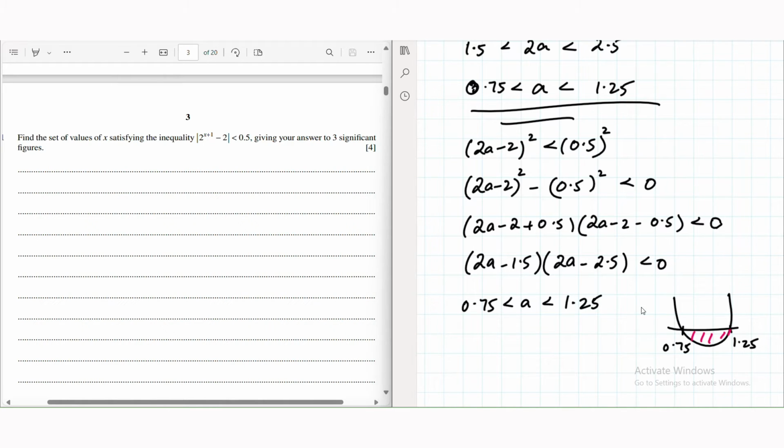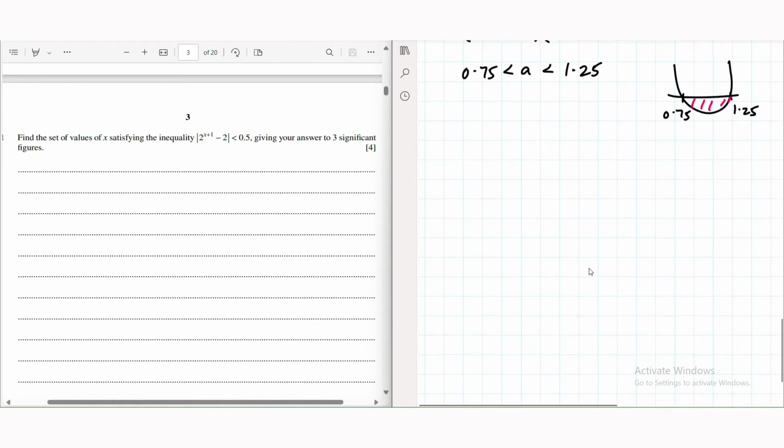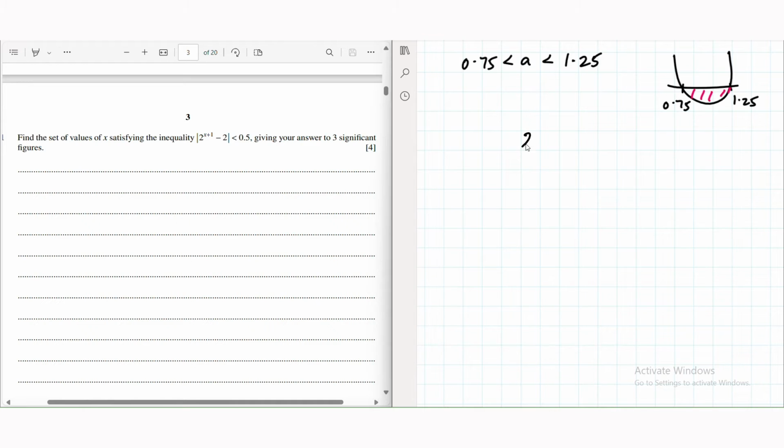Now, once we have the range of values of a, we can replace it with 2 raised to power x. So it's the 2 raised to power x that is between 0.75 and 1.25. Over here, we could take log base 10 also, or we could take ln also. Absolutely no difference.